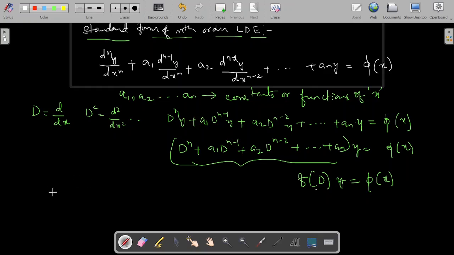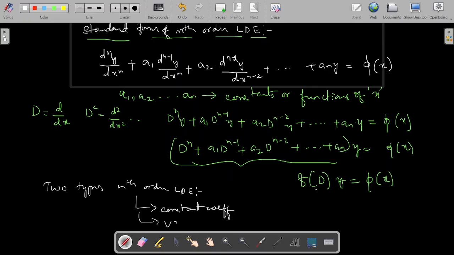Now there are two types of nth order linear differential equation. One is with constant coefficients and another is with variable coefficients. This is the category of nth order linear differential equation based on the coefficients.